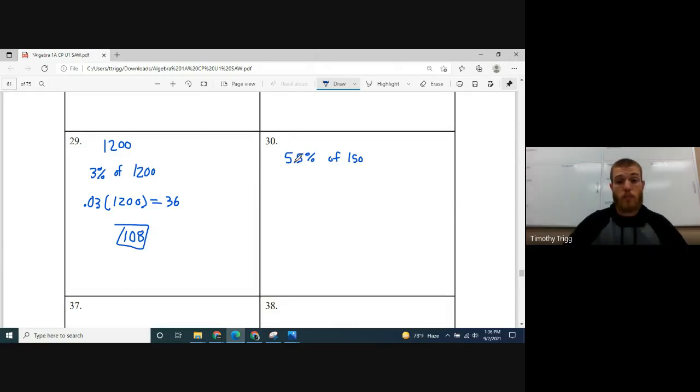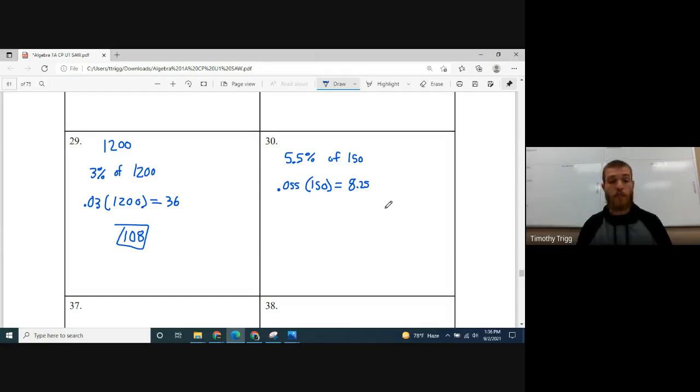First, let's change this percentage to a pure decimal by moving the decimal over 2 places. 0.055 times 150. This will tell you the amount of interest earned in 1 year. So the amount of interest gained in 1 year is $8.25.